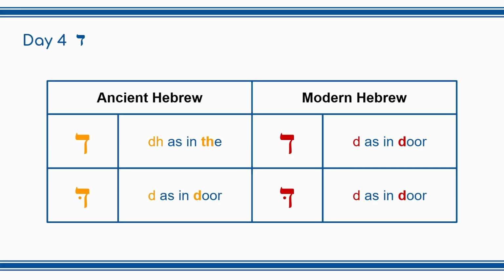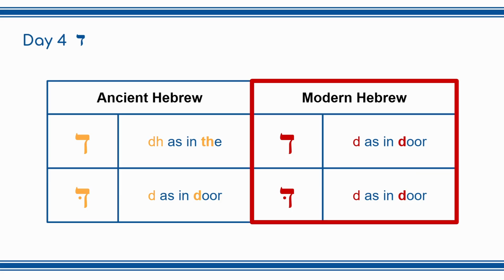In modern Hebrew, it will only make a d sound. And that's the sound we'll be using as we continue with the lessons. That's the sound you'll be learning. So when you see the dot, you can just ignore it. It doesn't mean anything for pronunciation. Well, it means something for grammar purposes later on, but the letter will not change sound, so you don't have to worry about it.